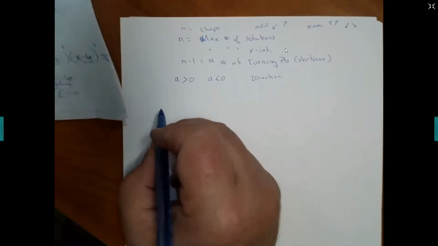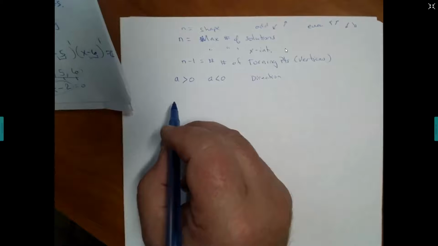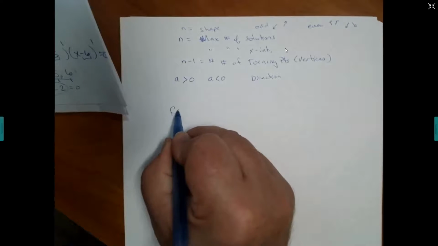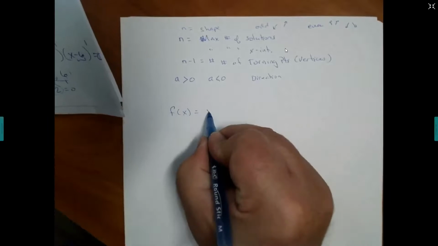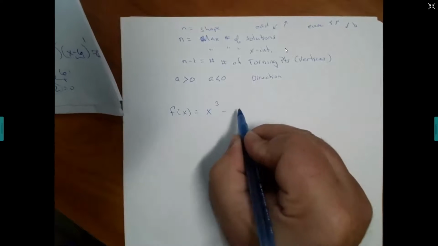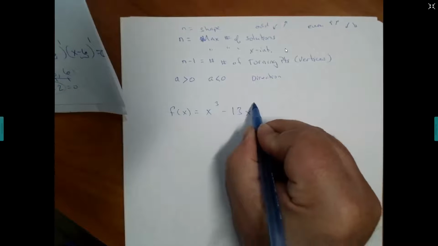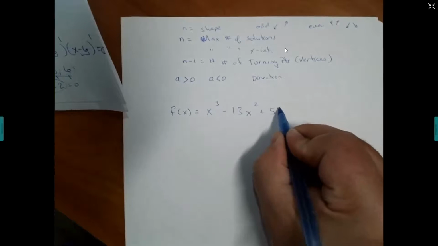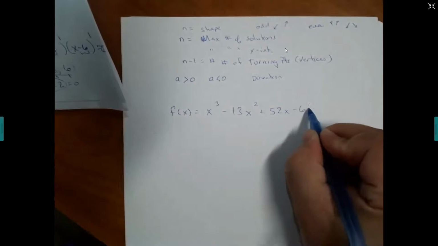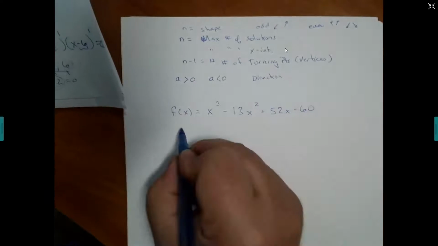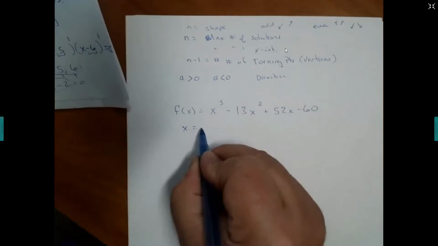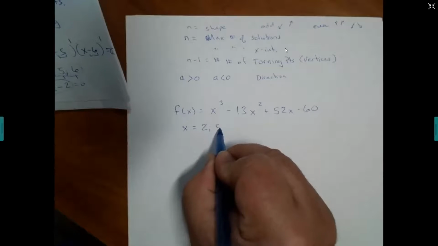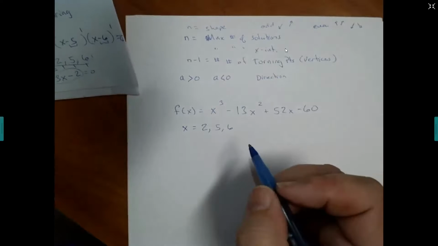So let me write down the equations that we've looked at so far, and then I'll also put the answers down. The solutions for the second one we solved were x equals 2, 5, and 6.